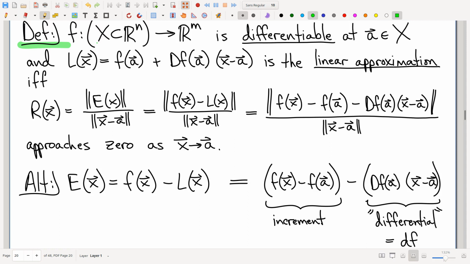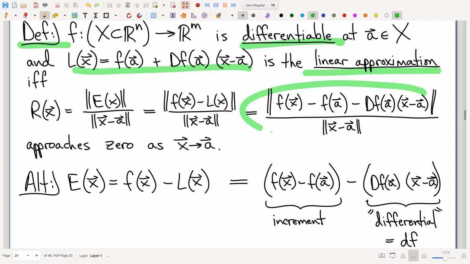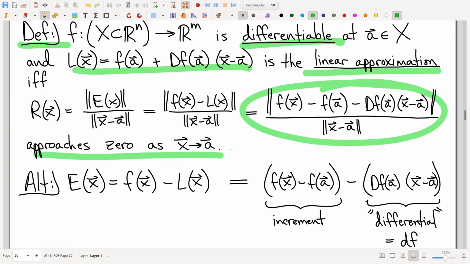So now it remains that this definition of what it means to have a good linear approximation, and by the way, the equivalent way to say this is that the function is differentiable. Yeah, it's a clunky, nasty expression to have to look at and deal with, and look at the limit as x approaches a.